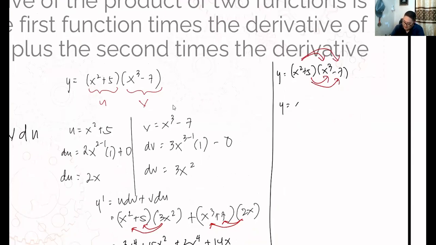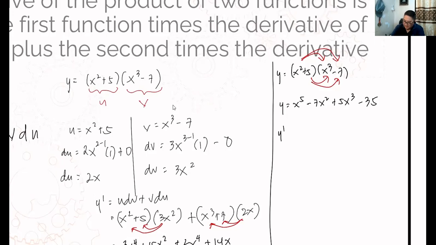This will be x to the fifth minus 7x squared plus 5x cubed minus 35. Okay? So, pag ganyan na siya, simplify mo siya. Paano mo simplify? So, derivative ka na lang ng derivative of sum ka, tapos derivative of power, and derivative of constant. So, yung 1, 2, 3 natin na derivative formulas, gagamitin lang natin dito.